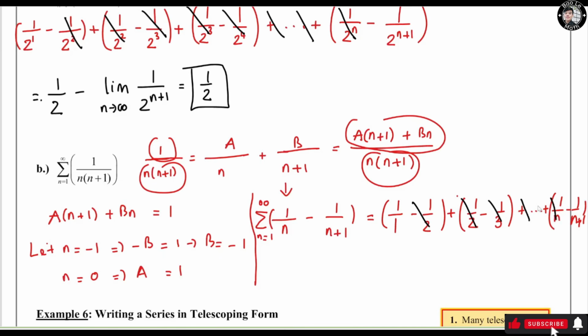This guy and the previous term cancel out. So we're going to end up with 1 minus 1 over n plus 1, right? So then the sum of this one equals 1 minus the limit of this one when n approaches infinity, right? So then it's going to be 1 minus 0, which is 1.